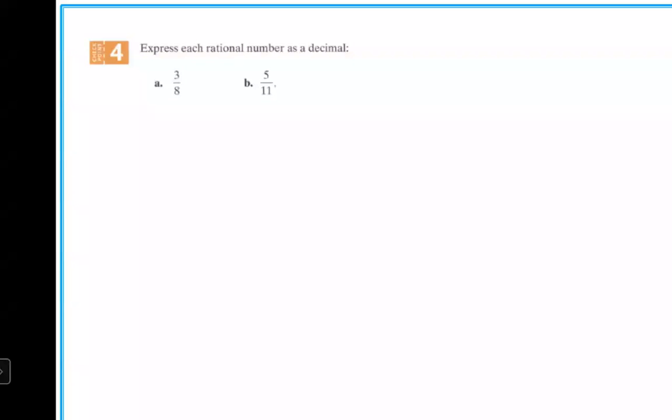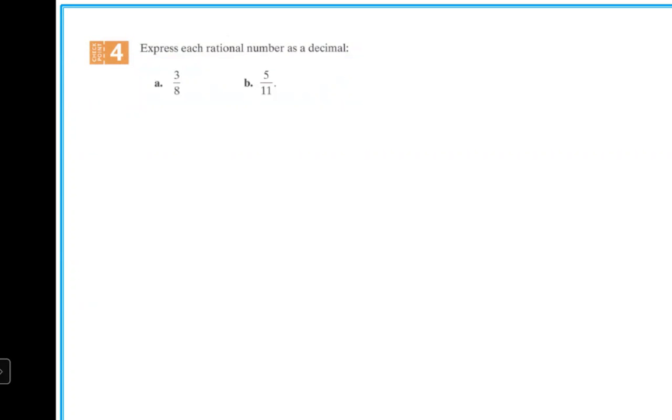Oh, tell me how you got that. I divided 8 into 3. No, you put the number on top first. Okay. So it'll be 3.75. Okay, do that again. 3 divided by 8. 3 divided by 8.